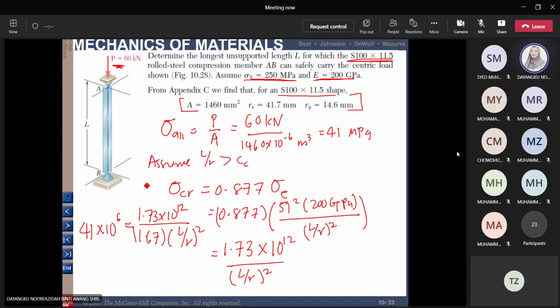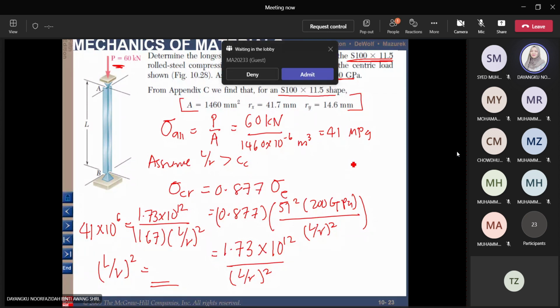In the end, you will get your value of (L over R) square. So you can take this value here, and then we need to calculate. Let's finish up first: get the value of (L over R) square. From this value here, you already get your critical stresses.